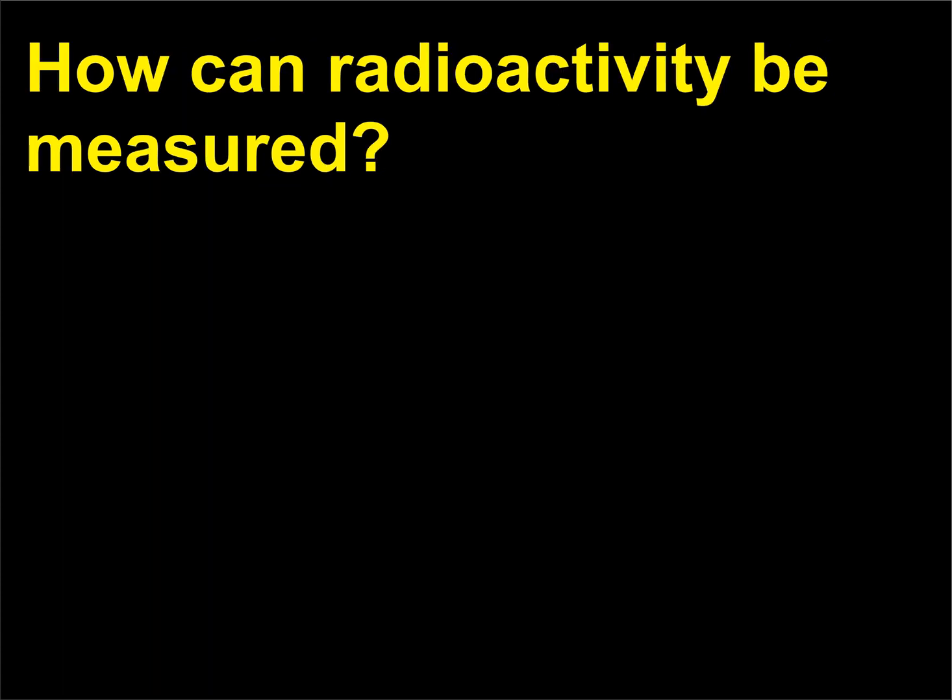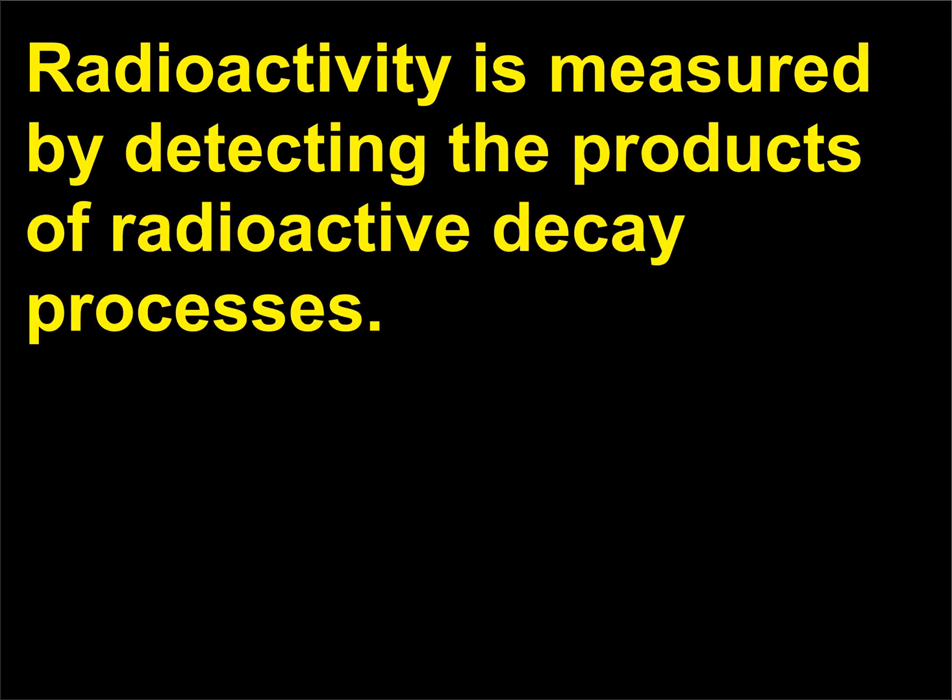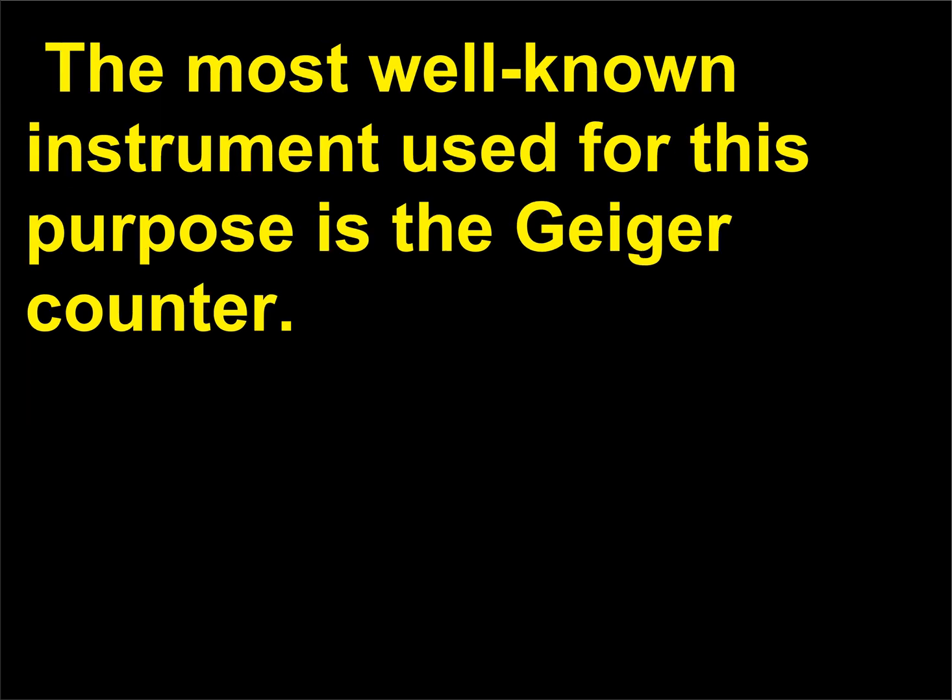How can radioactivity be measured? Radioactivity is measured by detecting the products of radioactive decay processes. The most well-known instrument used for this purpose is the Geiger counter.